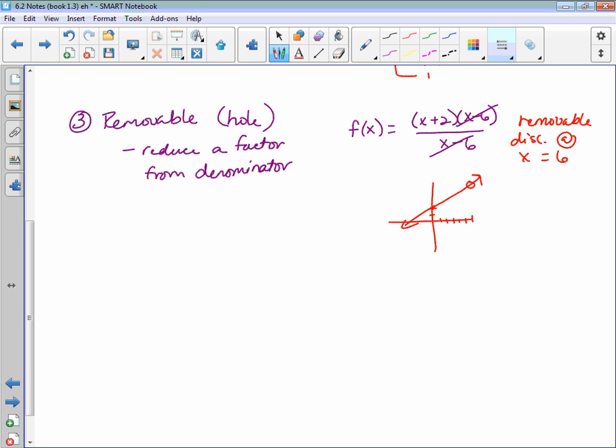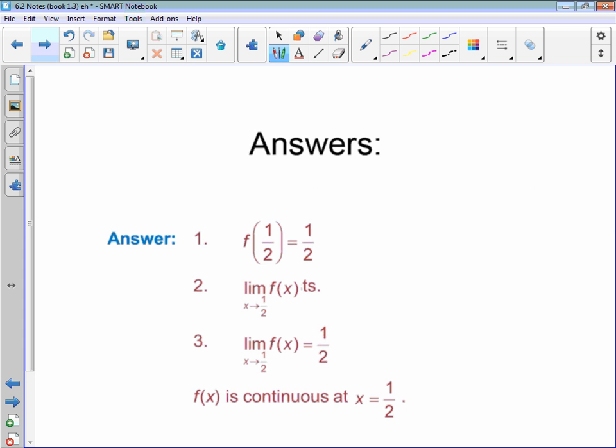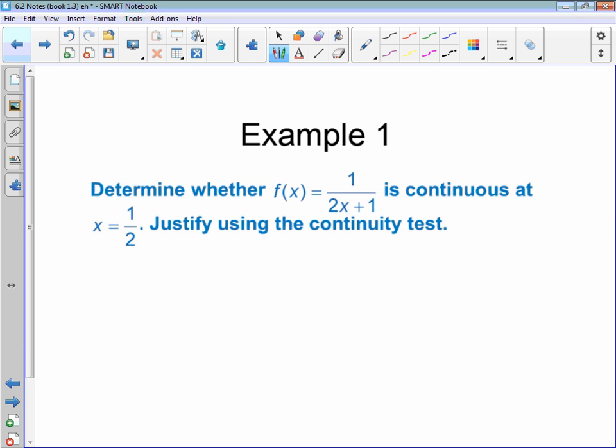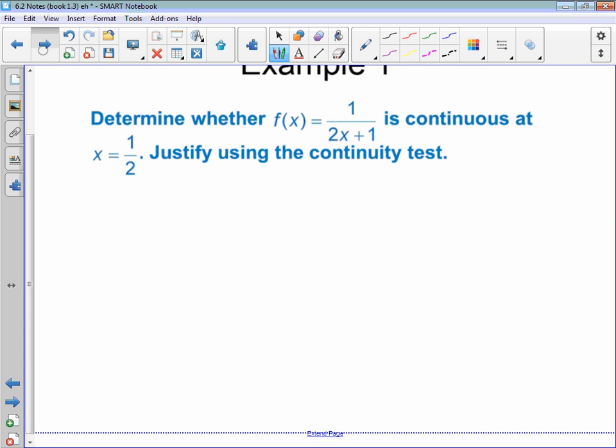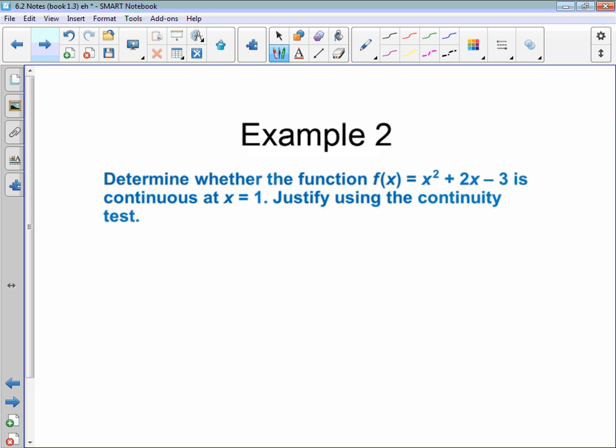Questions on the types of discontinuity? So kind of two separate things.